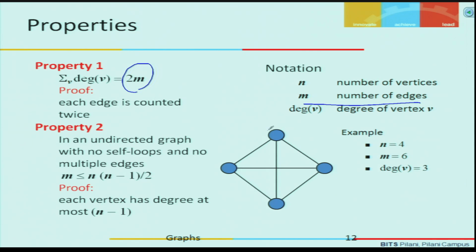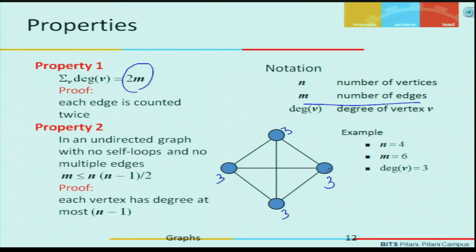Right. If I have 4 vertices, then each vertex can have at most n minus 1 neighbors. For example, in this case, this has degree 3, this has degree 3, this has degree 3, this has degree 3, and so the number of edges in this case is precisely going to be equal to 6.